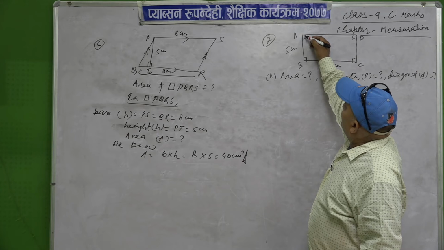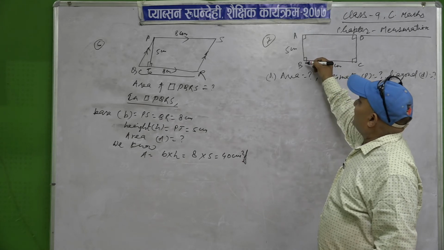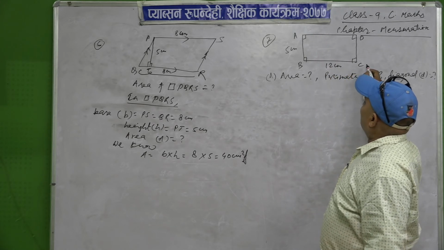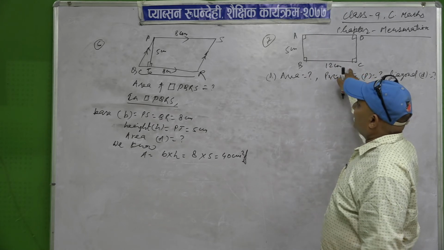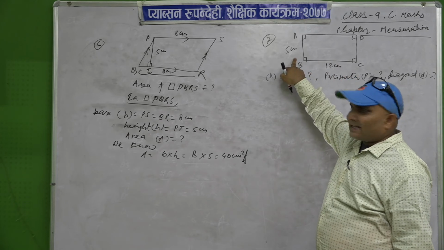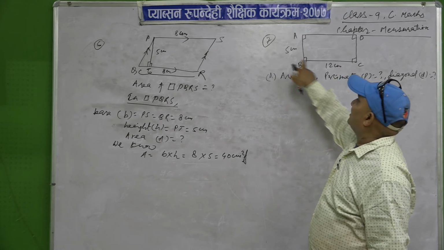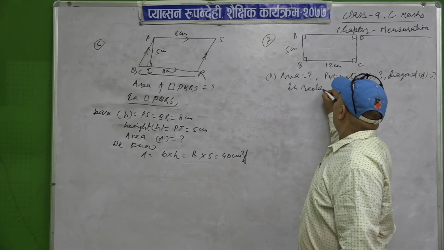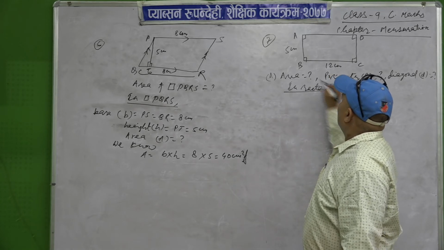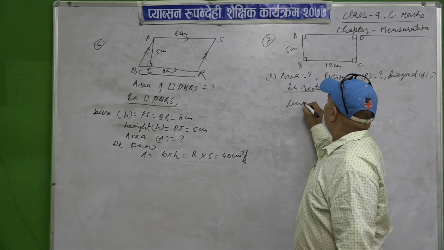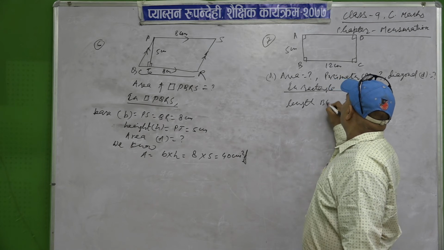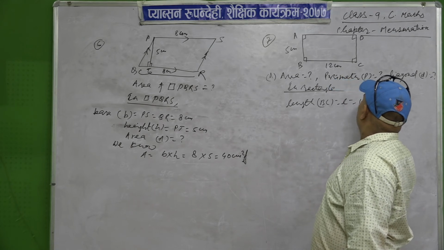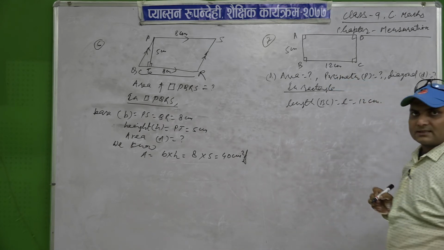In this rectangle we say this line is length or breadth, or this line is also length or breadth. If this is taken as length, then this will be breadth, and if this is taken as length, this will be breadth. So in rectangle, the length BC is equal to L is given 12 centimeter.